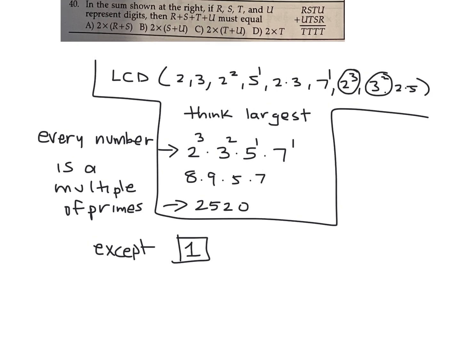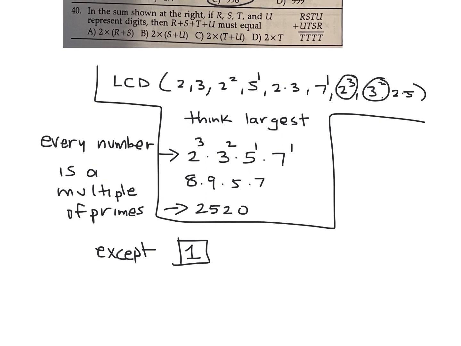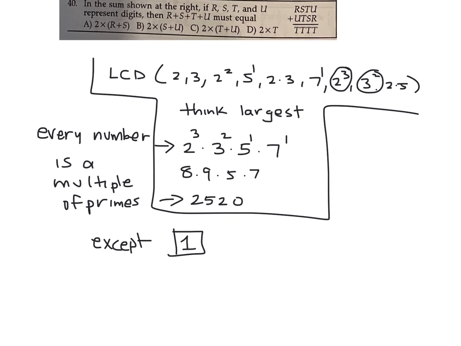And finally, the grand finale here. In the sum shown at the right, if R, S, T, U represent digits, then R plus S plus T plus U must equal. Okay, so if we look at this guy right here, U plus R is equal to T, right? The first column there.